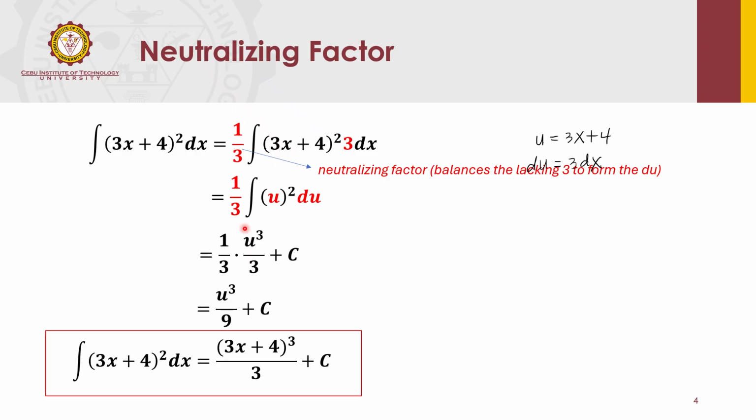If you compare that to the answer earlier, where the square of 3x plus 4 was expanded first before integrating, although it's not written as a cube of 3x plus 4, if you get the expansion of this, it would be equal to that answer from the other method, right?